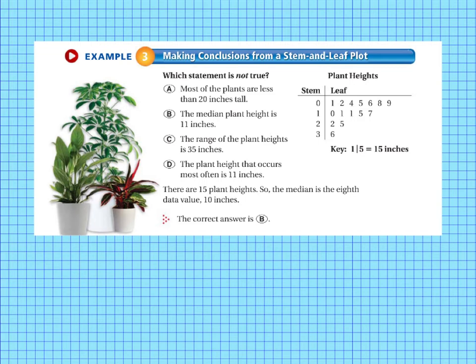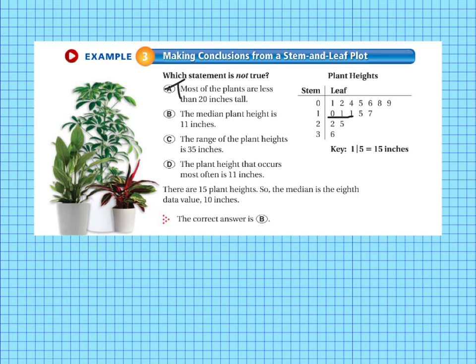It says most of the plants are less than 20 inches tall. So if you look at the ones that are less than 20 inches tall, that would be all the ones that are in the tens and in the zeros for their stem. And so you can see that that is true.